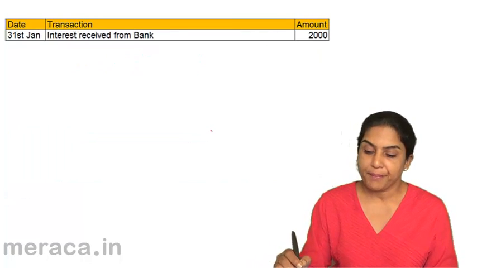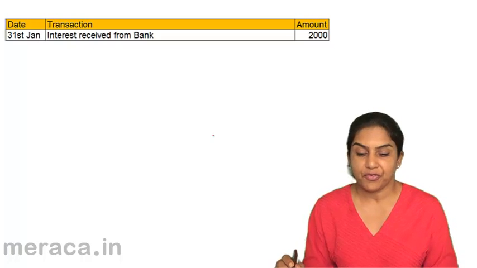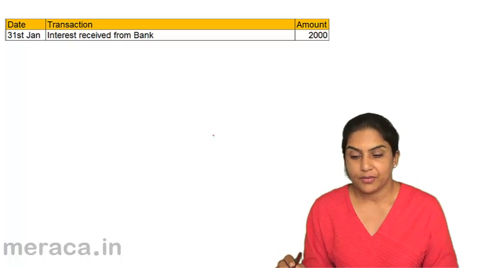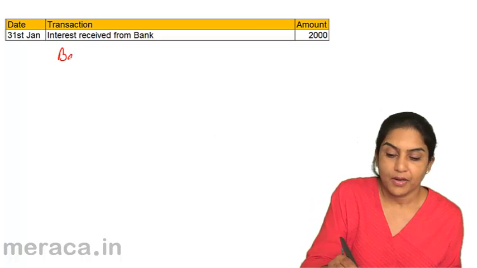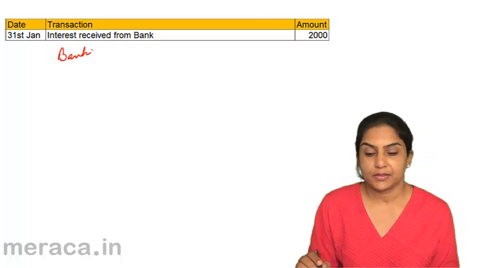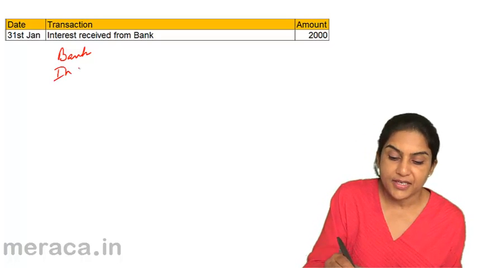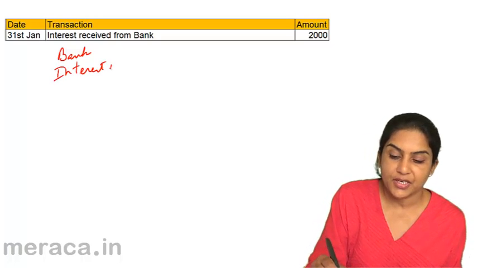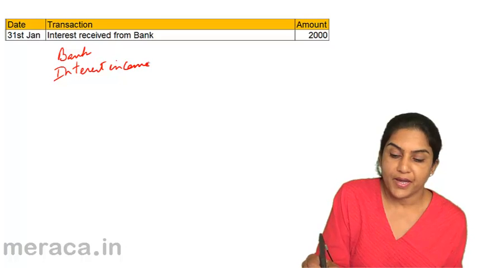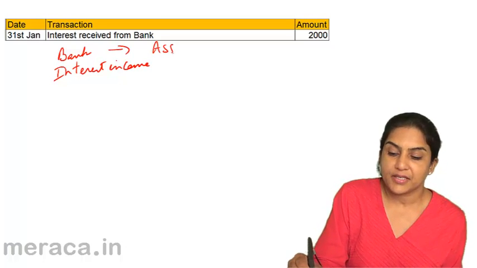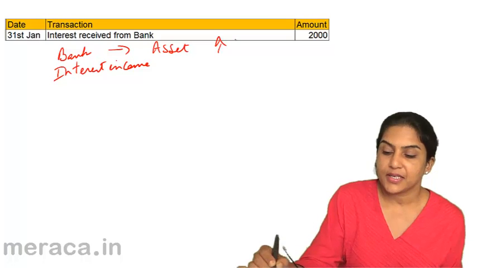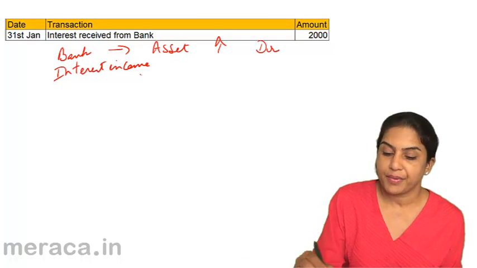Interest received from bank. What are the accounts involved? Bank and interest income. What is bank? Bank is an asset. Asset increased. Therefore, debit.